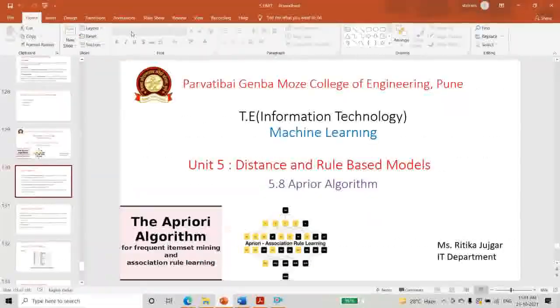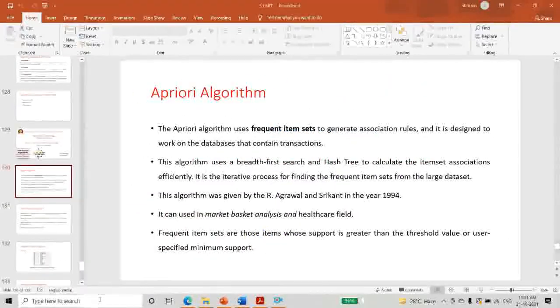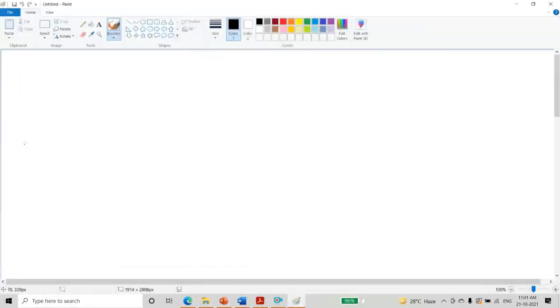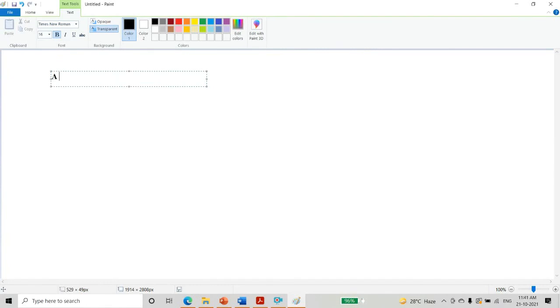Suppose I consider one example. So what is a frequent item set?